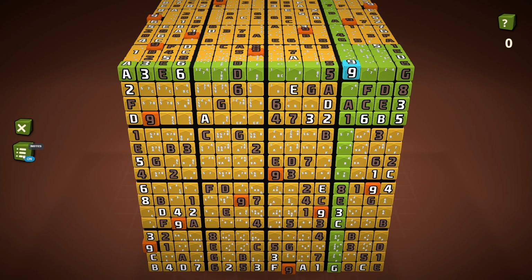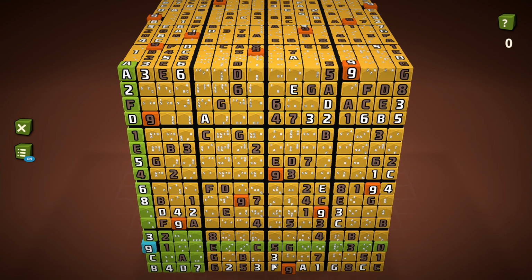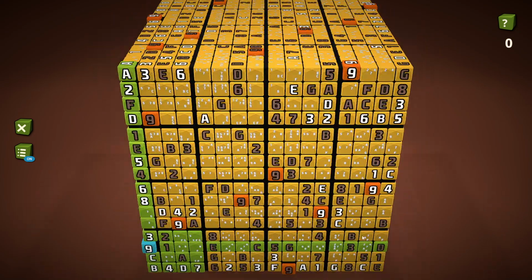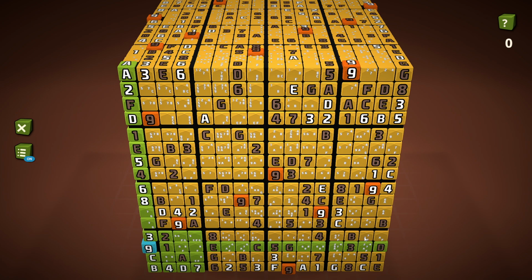So that one is a 9. The rest are stuck between 2, 7, and 4. That can't be a 9 for 2 reasons. Those can't be 9s. So that's a 9.